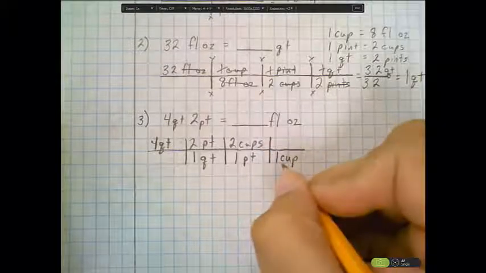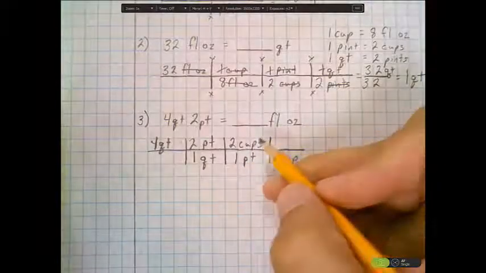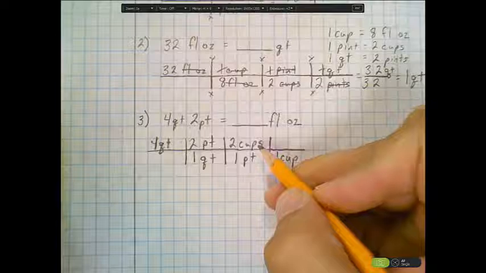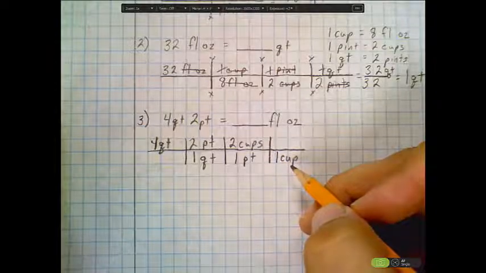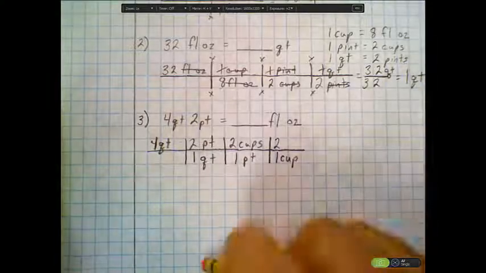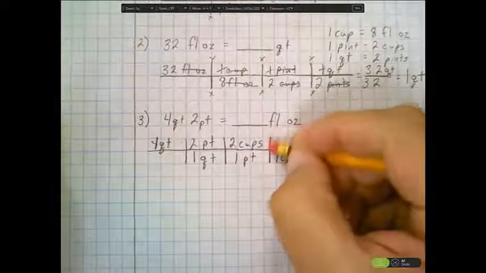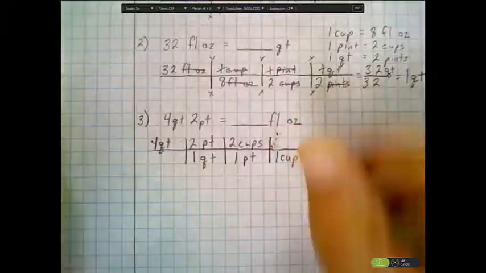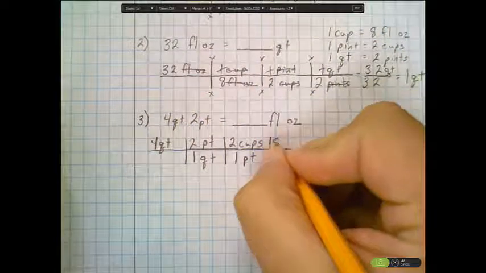Because we have cups on the top of the third section, we need to have cups on the bottom of the fourth section. And 1 cup equals 8 fluid ounces.